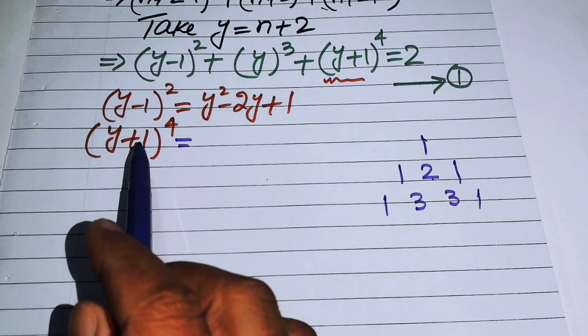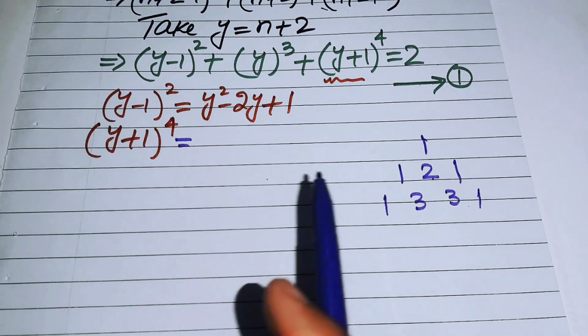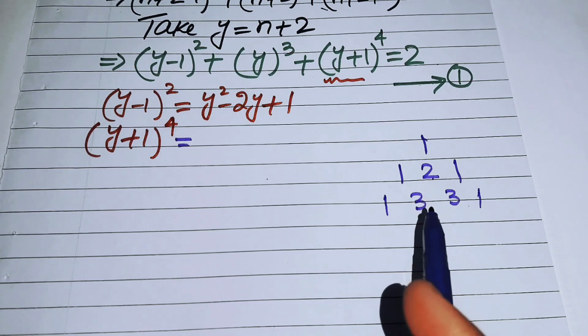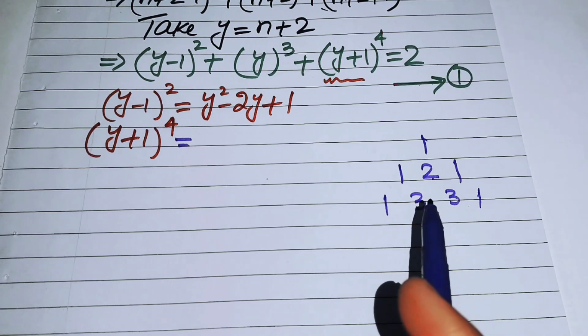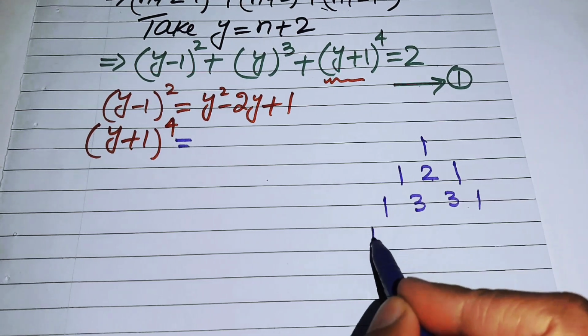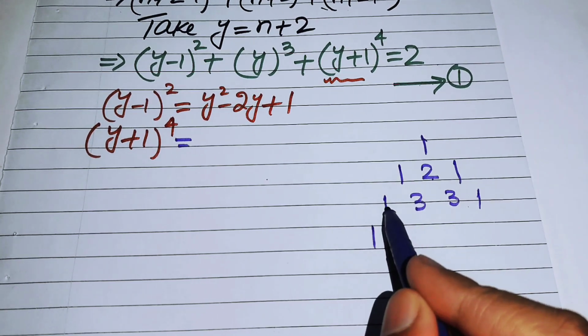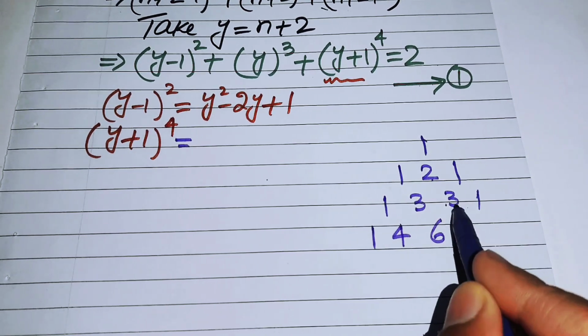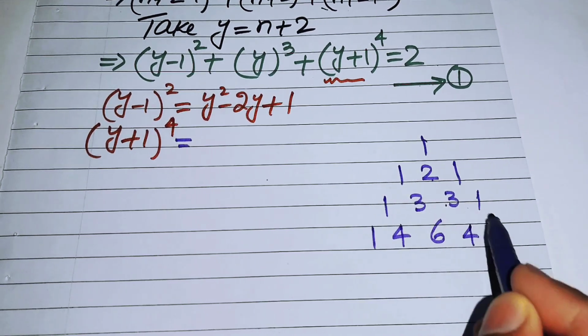Here you see that its exponent is 4, so we will expand this Pascal triangle up to the 4th row. So here you have 1, and we will add 1 plus 3 is 4, 3 plus 3 is 6, 3 plus 1 is 4, and this is 1.